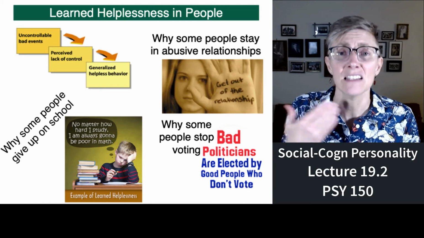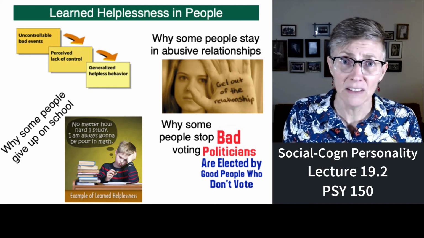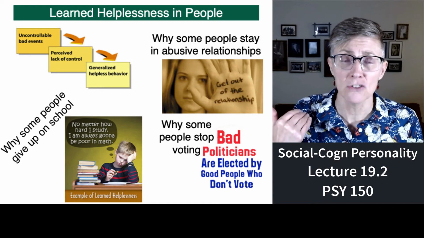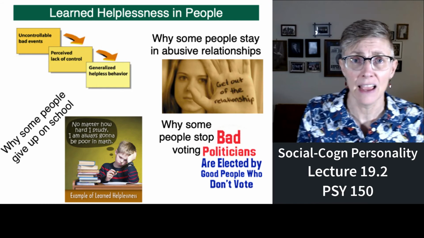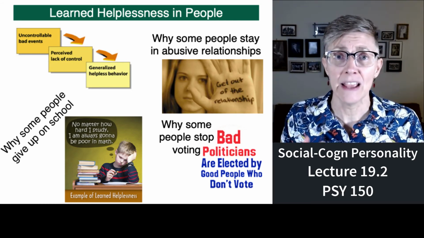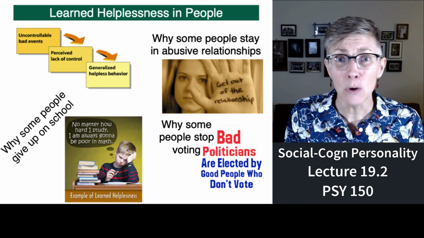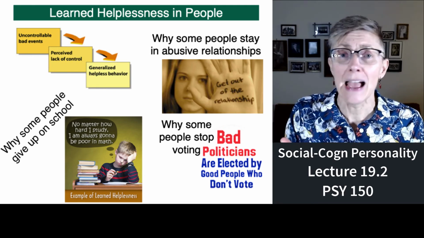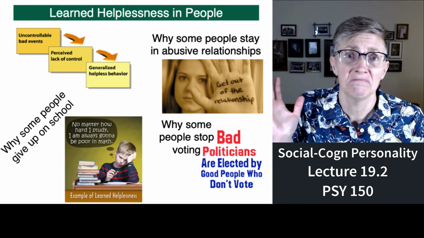But it's exactly the same experience that Marty Seligman's dogs went through. Students will give up if they've had repeated failures, academic failures in the past. They will conclude that success in school is not something that they have under their control, and they will give up. To the extent that we have rotten politicians in this country, it's a function of people not voting because they've given up. They feel like, I guess, what's happened to them in life is the best that they'll get, and they should just be happy with what it is, and their vote doesn't matter.